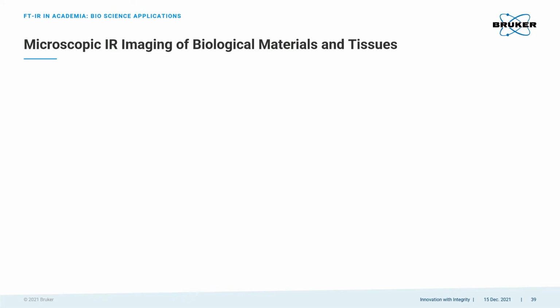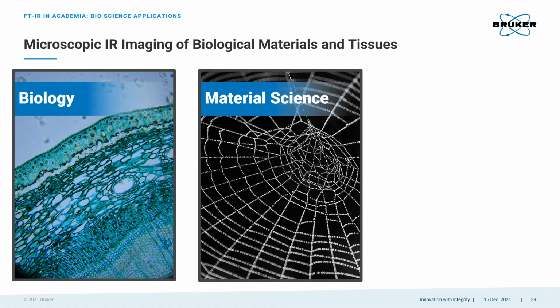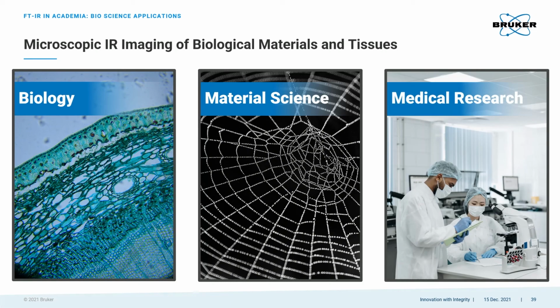The chemical imaging of biological materials is particularly relevant to understand biological structures, but it is also performed in material sciences, and the most exciting potential lies in medical research.